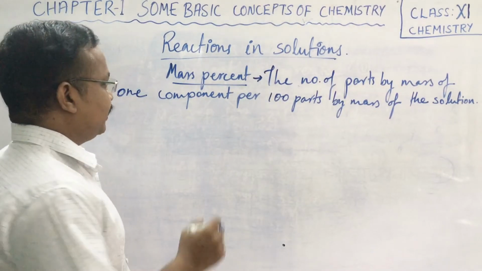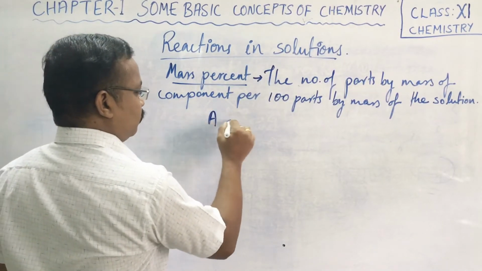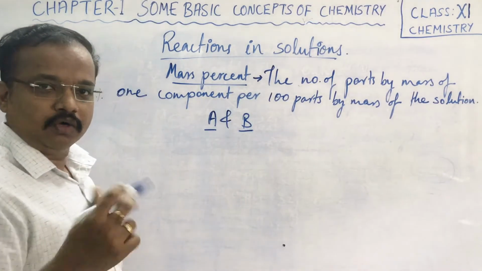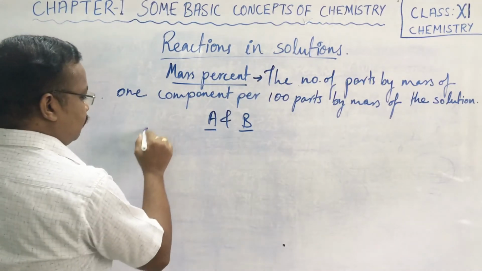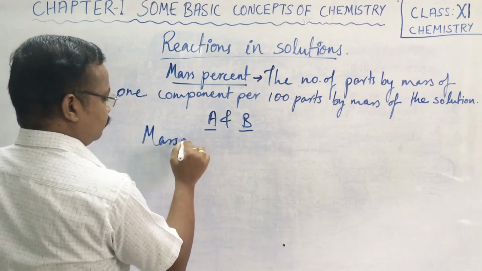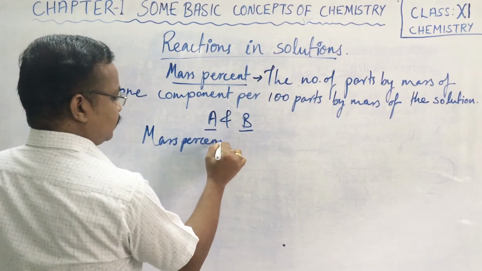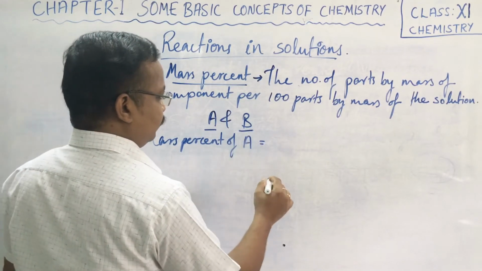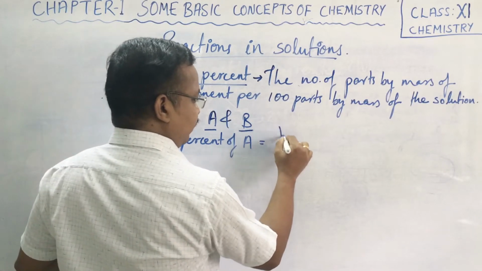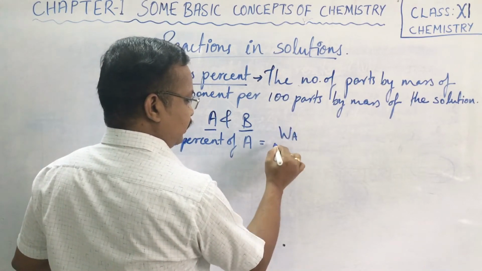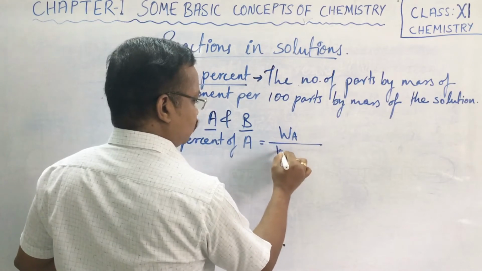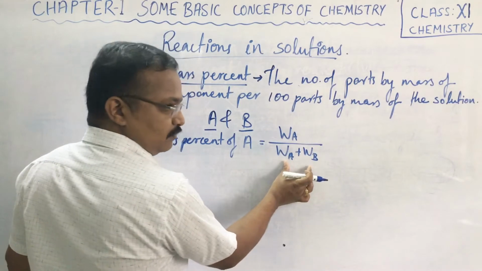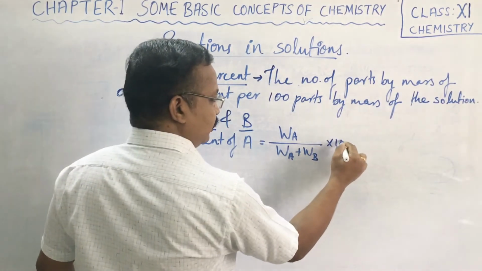Children, as you know, in a solution we have two components, A and B. Component A and component B can be solute or solvent. In this case, the mass percent of A is equal to the mass of A divided by the mass of A plus the mass of B, that is the mass of the solution, into 100.